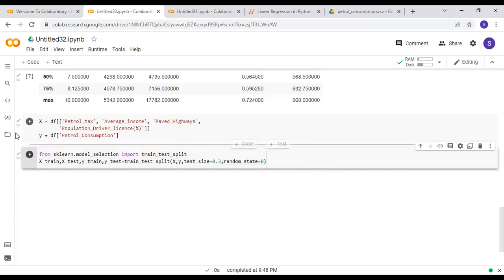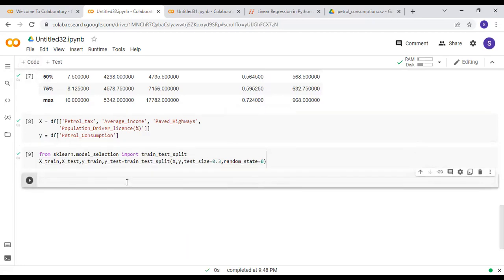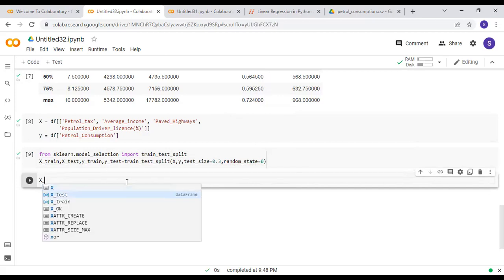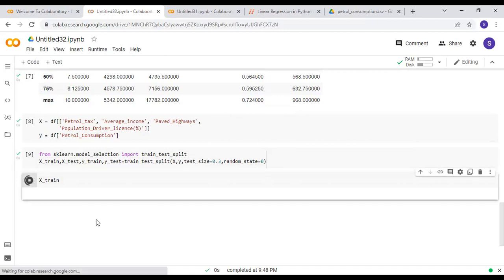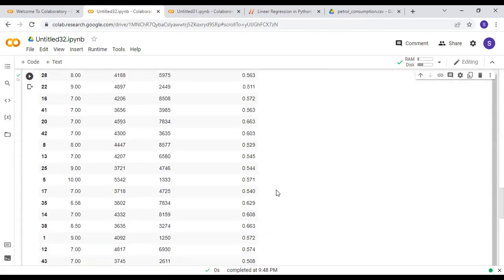Right. So my training set is X_train. These are my training set.